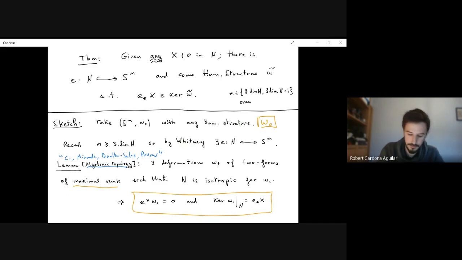And omega 1 again is non-degenerate, but not necessarily closed, and satisfies two extra conditions. The first one is that the kernel of omega 1 along N coincides with X. Here I'm abusing notation, it's along the embedding of N. And the second condition is that it's an isotropic submanifold. So when you restrict this two-form to N, it goes to 0.